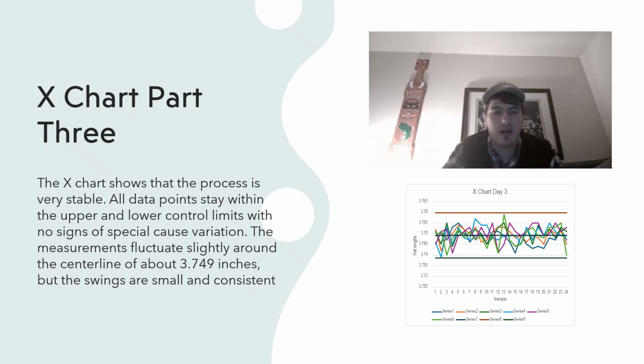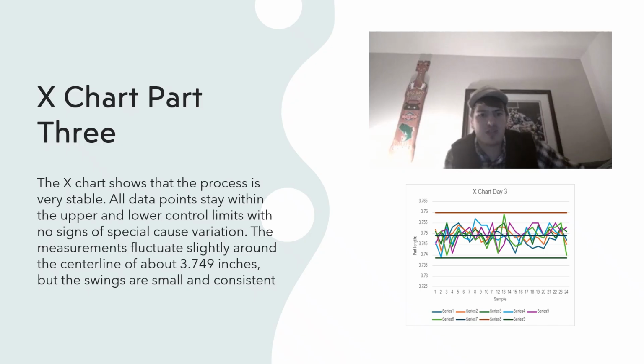And then we have our X chart part 3, and this one's also another clustered staggered chart. So the X chart shows us the process is stable, and all the data points stay within the upper and lower control limits with no signs of special cause variation.